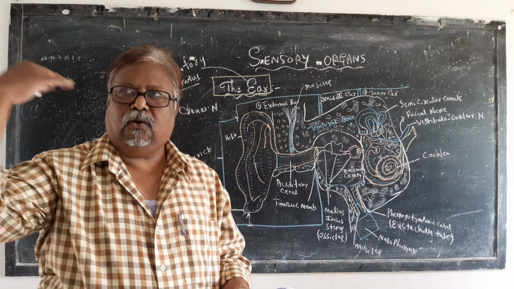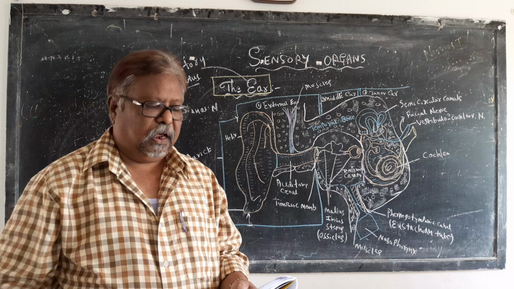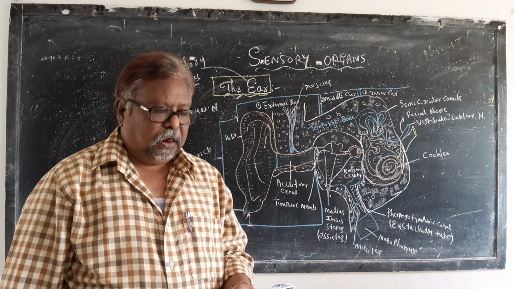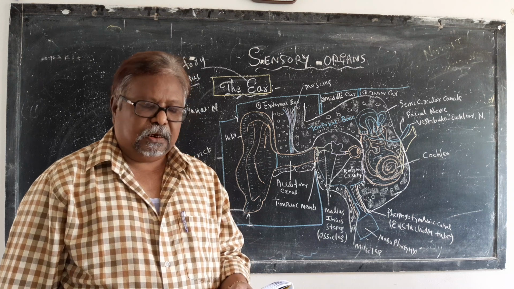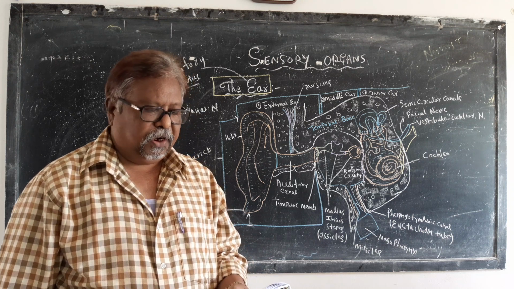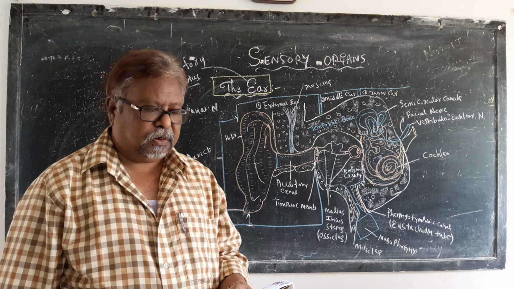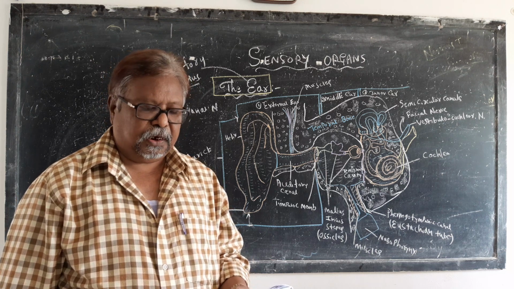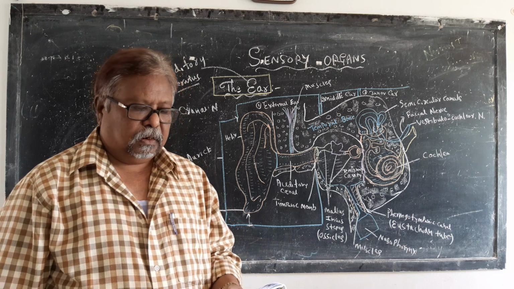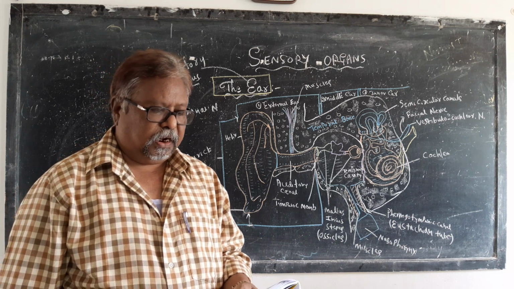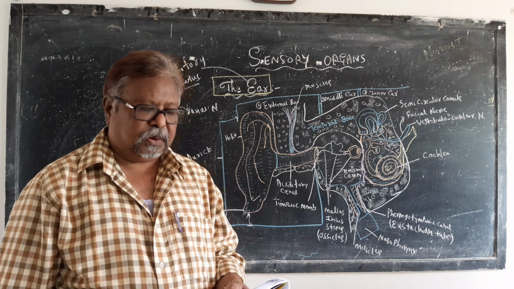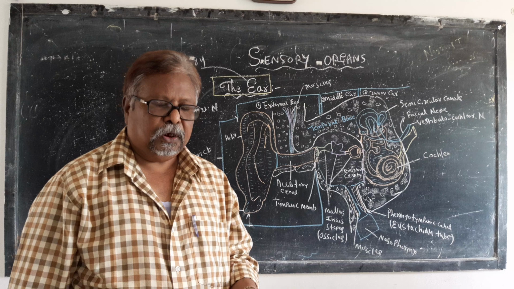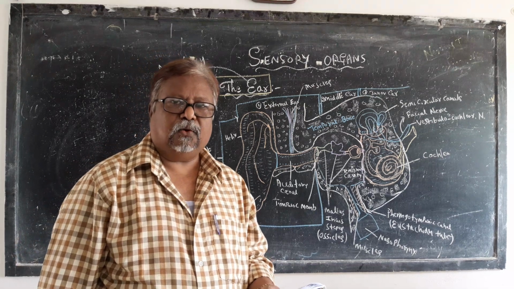The sound waves go inside the ear, and they generate vibrations, and these vibrations are transmitted by the cranial nerves. The information of these sound waves is transmitted to the brain to recognize what that sound is.